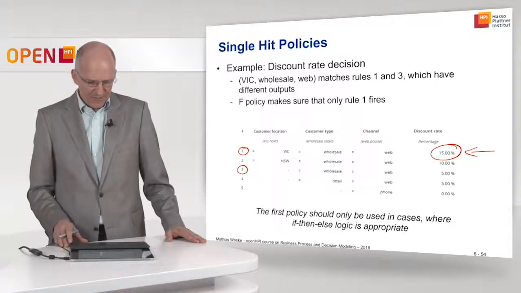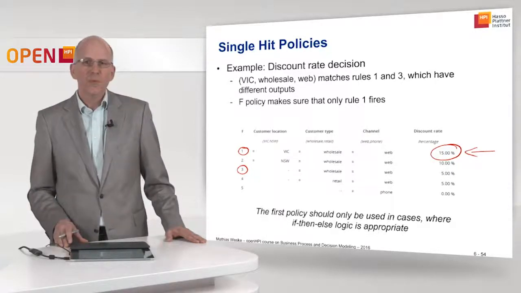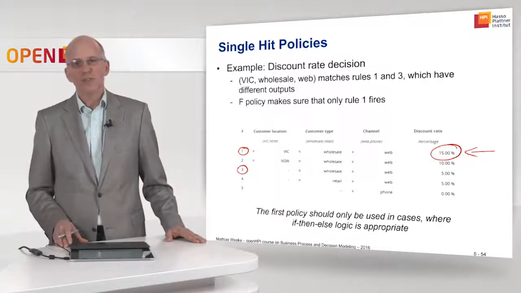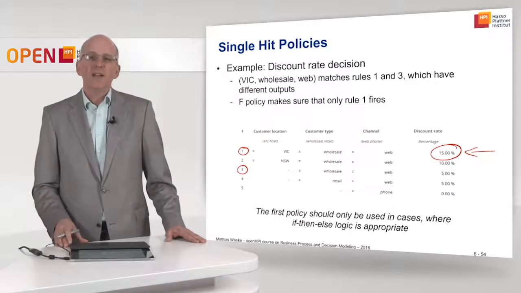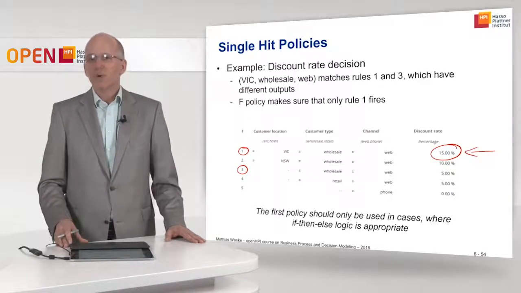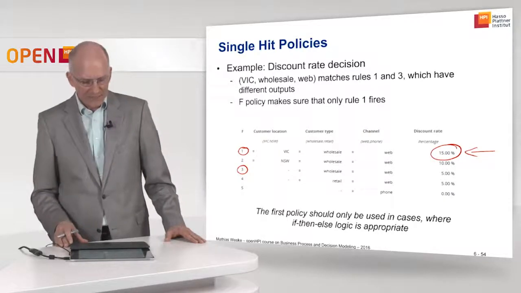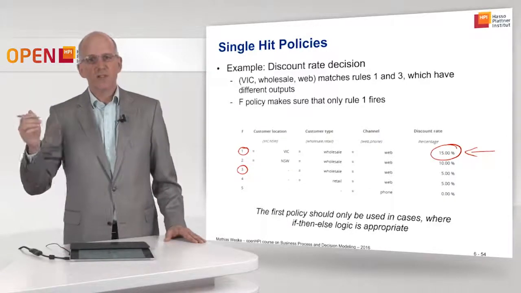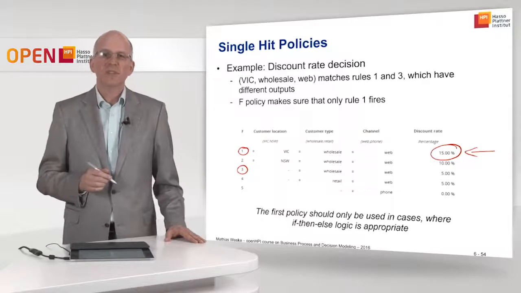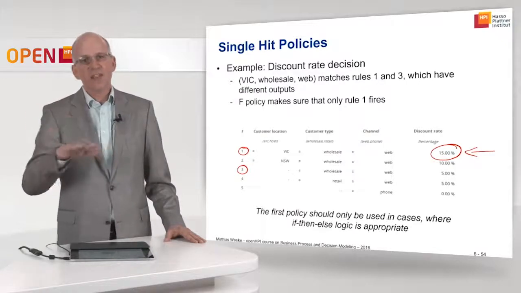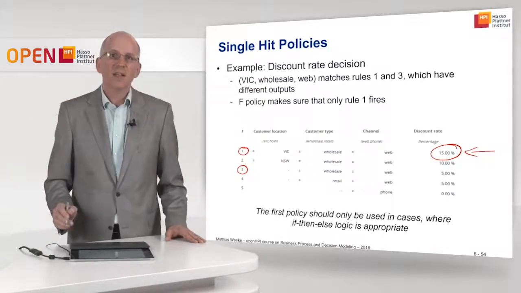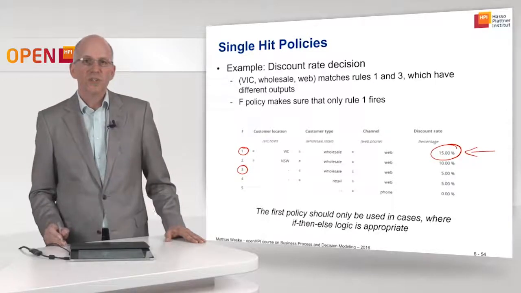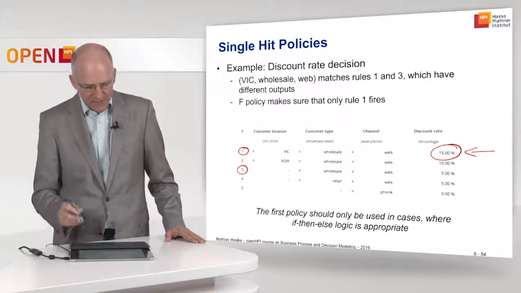Okay, so the first policy should be used only in cases where an if-then-else logic of the rule semantics is appropriate. So if-then-else, many of you would know this from programming. If a certain condition holds, then certain statements are executed. If this is not the case, then I can continue. And that's exactly how this decision table is evaluated here.